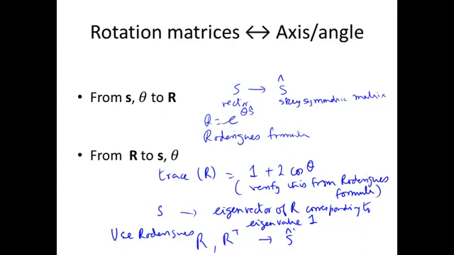So we have thus achieved our grand goal, which is to be able to go back and forth between rotation matrices, which are orthogonal 3x3 matrices, and an axis of rotation and amount of rotation representation. Now we can choose whichever one makes most sense for our purposes.